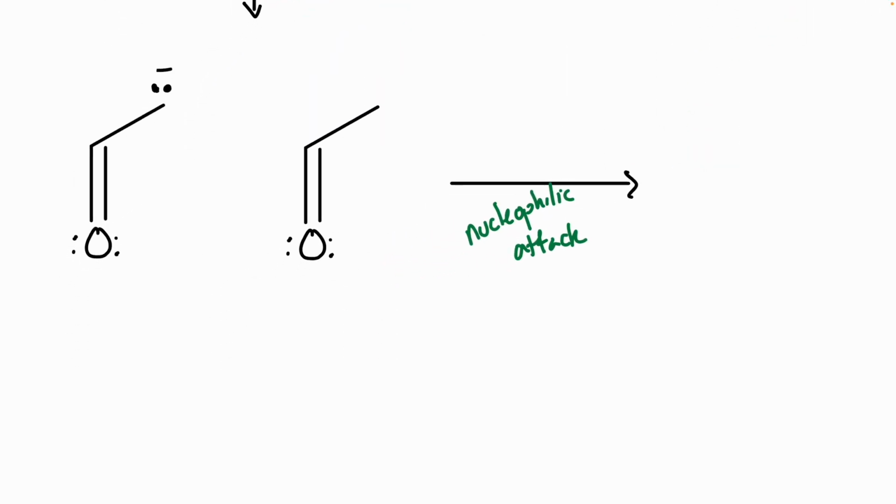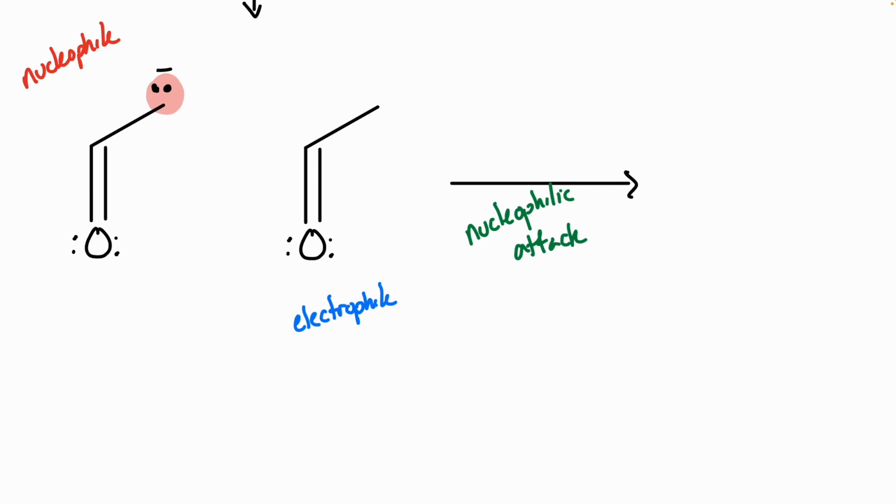This is the key of these aldol reactions: we have one molecule of our aldehyde that is going to act as the nucleophile at that alpha carbon. And we have another molecule of our aldehyde that is going to act as the electrophile.